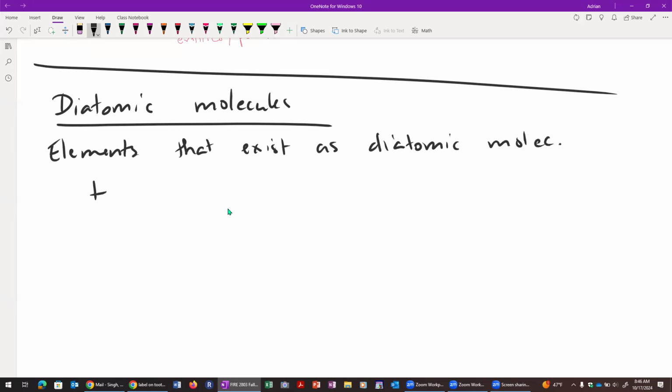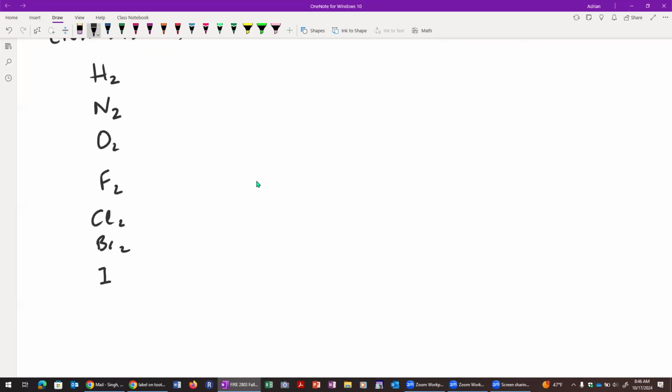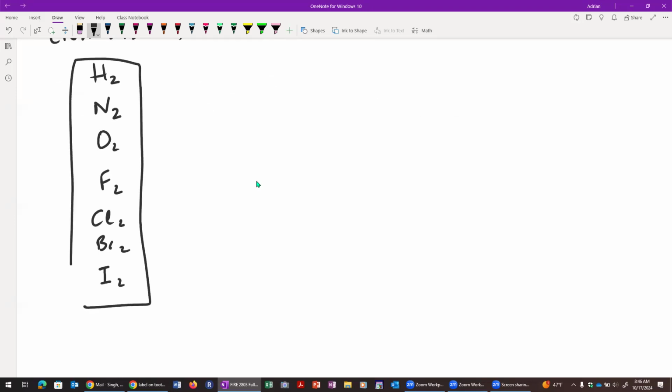The first one, we've done that one, H2, hydrogen. We also have nitrogen, N2. We have oxygen, O2. We have fluorine, F2. We have chlorine, Cl2. We have bromine, Br2. And then we have iodine, I2. There are 7 of these, by the way, that exist in that diatomic form.